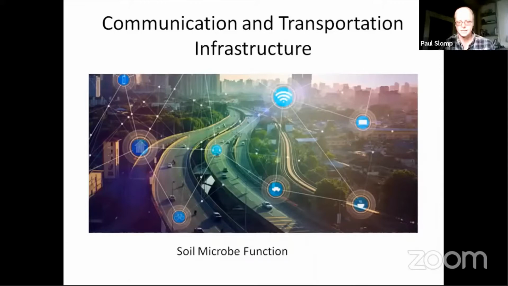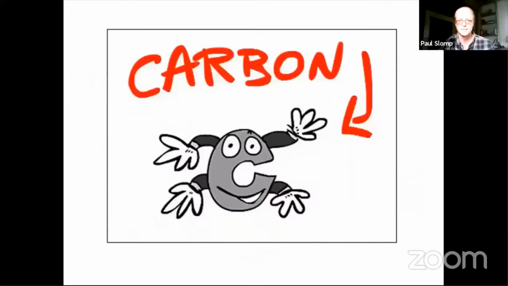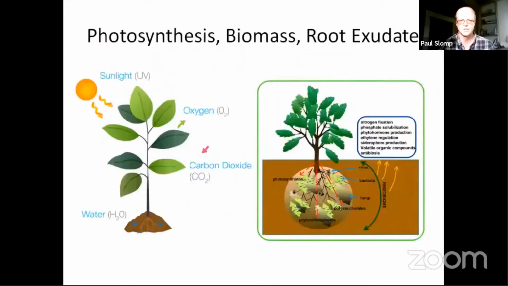And the way that the plants get these microbes to work for them is through this magical element called carbon. And just a quick look at the carbon cycle in a plant. On the left-hand side, we see plants that photosynthesize. They take carbon dioxide out of the air and use sunlight with water to create sugar chains, which these plants use to create biomass and grow foliage and things above the ground, roots underground.